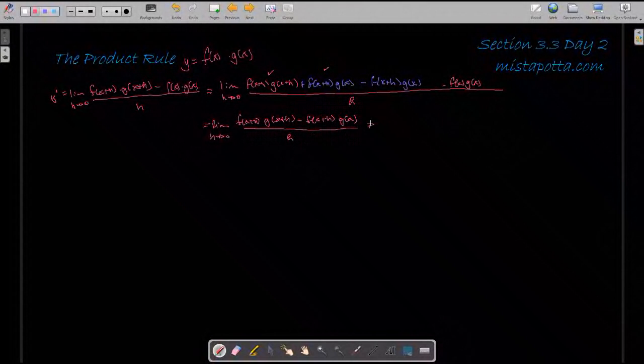And then I'm going to add these terms. The limit as h approaches 0 of f of x plus h times g of x minus f of x g of x, all divided by h.